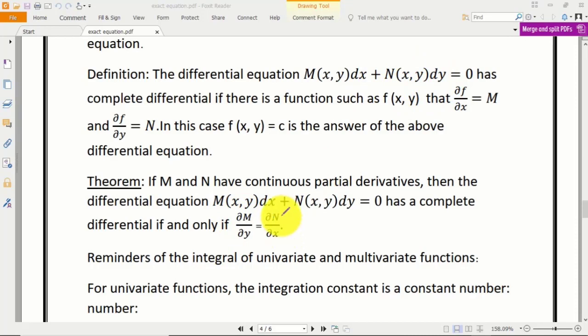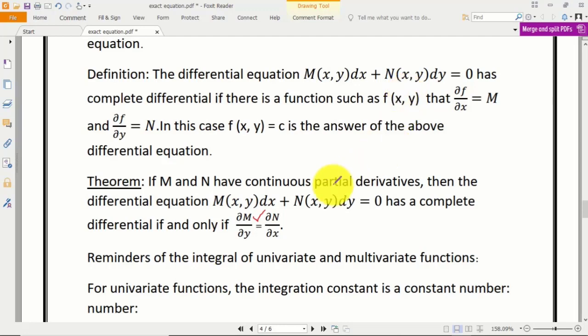Here you see they are equal to each other, so we conclude that they are exact equations. Pay attention to the fact that the derivatives we take of these functions are cross derivatives. I mean you take the derivative of M with respect to y and vice versa, take the derivative of N with respect to x.